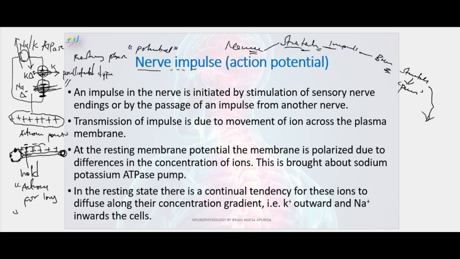The movement is quite swift, unlike what we saw with the cardiac and muscle cells, where with the calcium involved, we are likely to hold the action potential a little bit longer. So that's what happens with the movement of these ions.